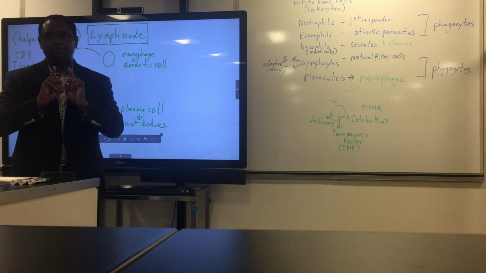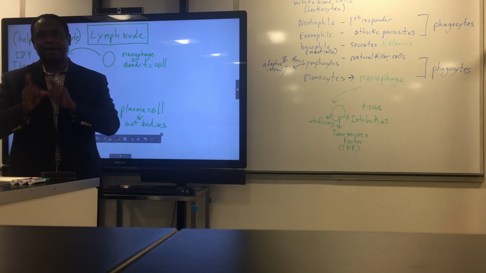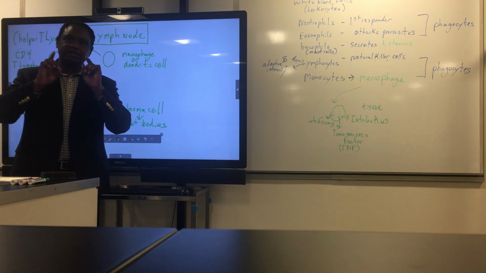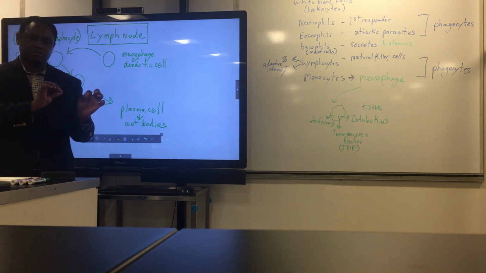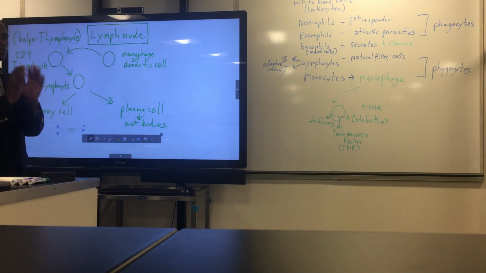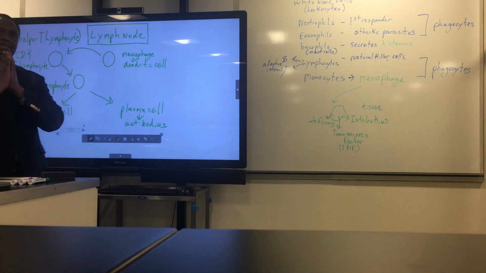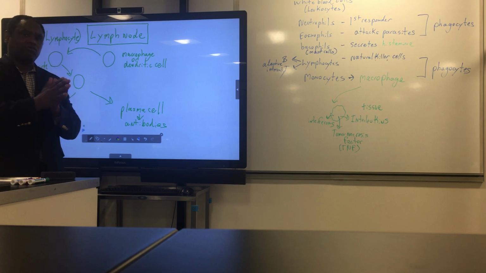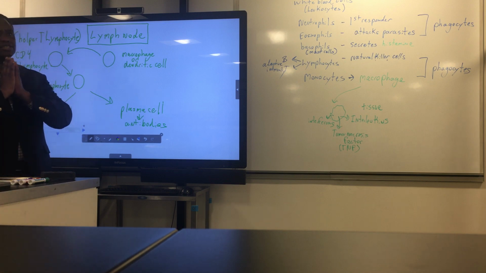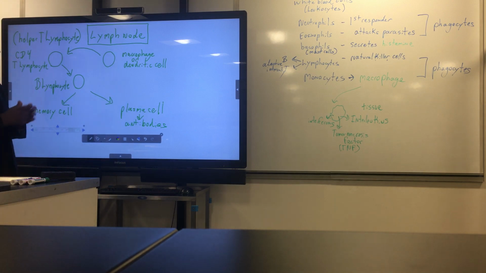And don't forget what we talked about, specifically when we talked about adaptive immunity, there is this specific antigen that this B lymphocyte notices and says, I'm going to attack that specific microbe. I'm going to target that specific enemy. All right? And because it has that specific antigen, now we have cells that are going to be made through mitosis so that you make an army of them that have a memory of that particular antigen.